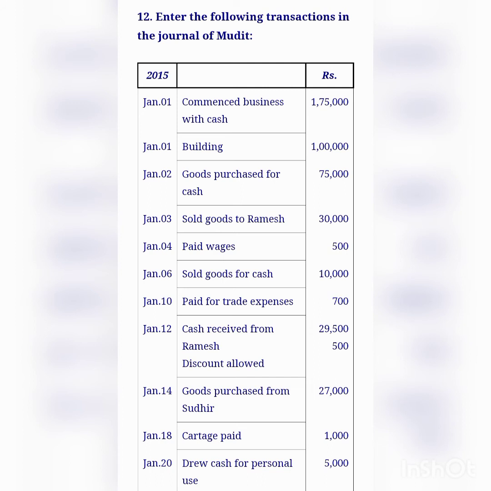Then Ramesh is a debtor. When any amount received from debtor or Ramesh, asset decreases. So we have to credit Ramesh's account. The entry will be cash account debit 29,500, discount allowed account debit 500 to Ramesh's account 30,000.